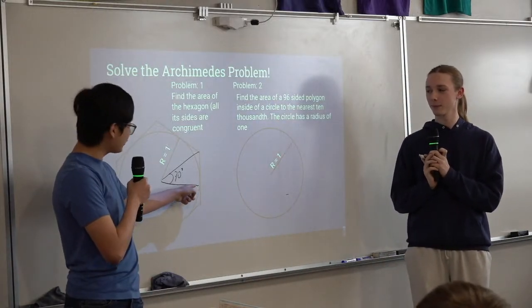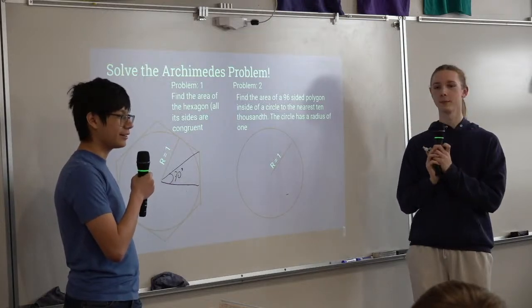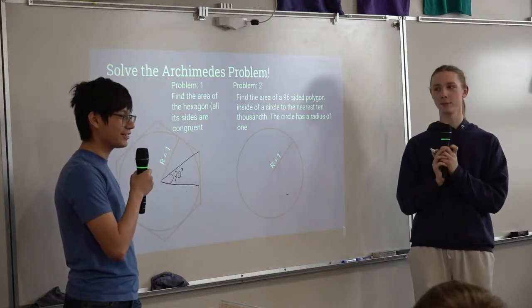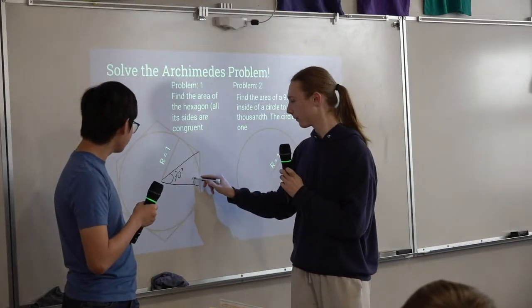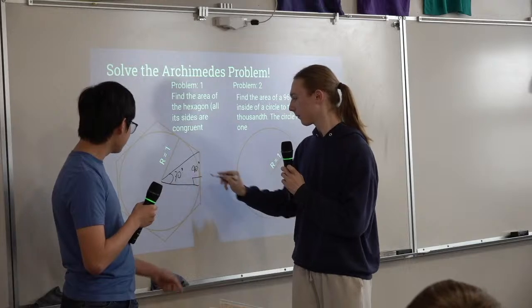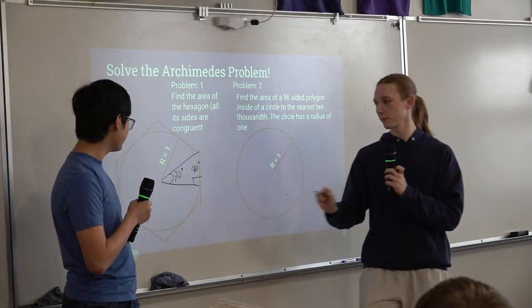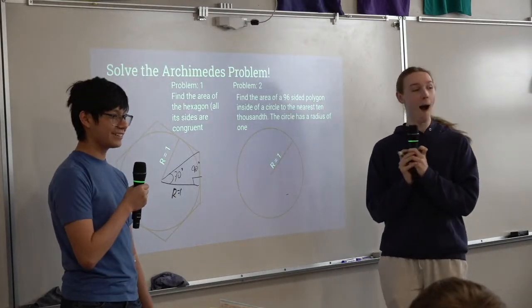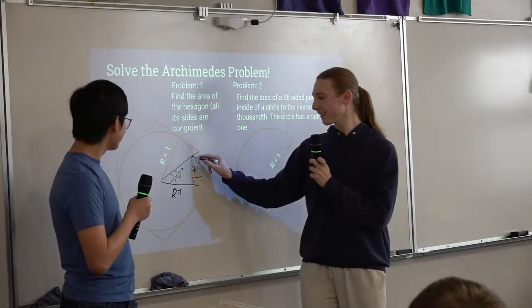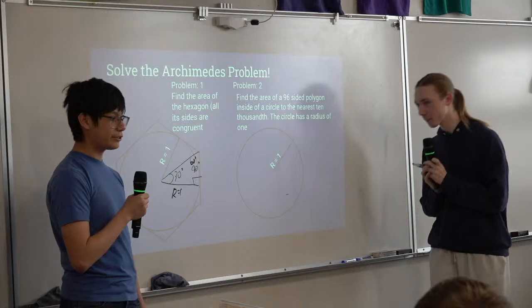Since this is bisecting, so what is this? It's 90 degrees. Can we put 90 degrees here? This is the radius as well. Could you put a radius equals 1? Does this triangle look familiar? Yeah. What is it? 30, 60, 90. You should be able to solve by then.